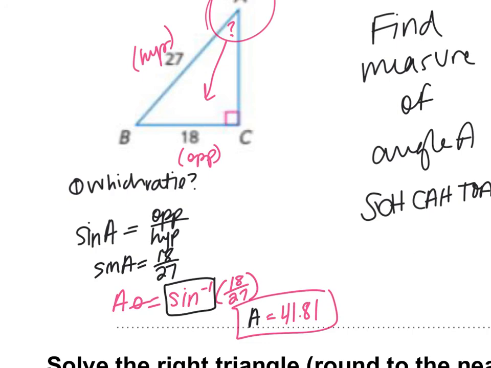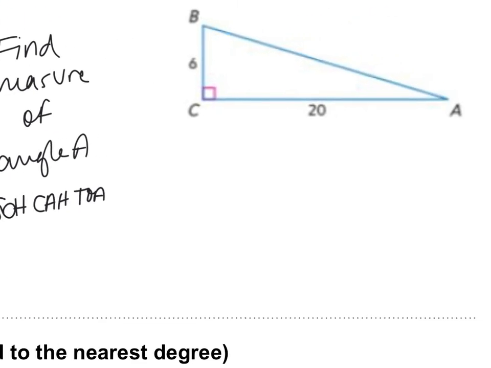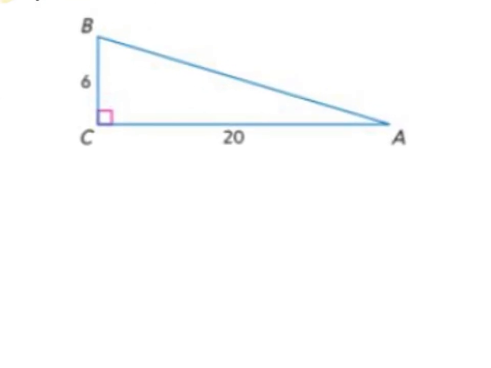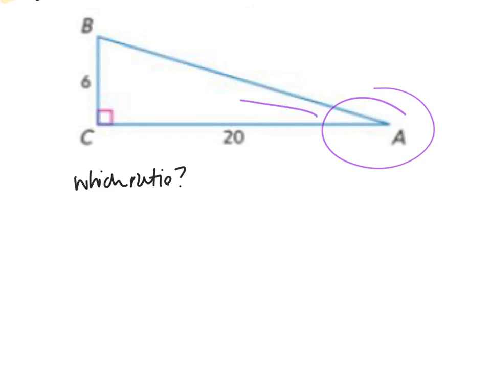Last example, okay? So still, we're looking for the measure of A, right? We want to find out which ratio we're using. So in order to do that, I say I have my opposite side here, and I have an adjacent side here.